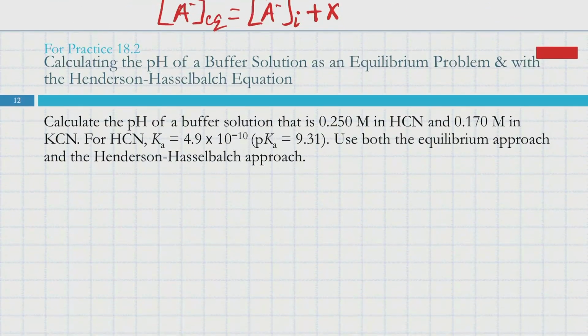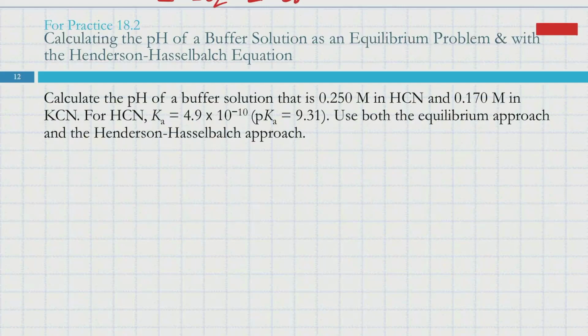Let's calculate the pH of a buffer solution. We're going to do it as an equilibrium problem and using our new Henderson-Hasselbalch equation. We want to find the pH of a buffer solution. We're given initial concentration of hydrogen cyanide, a weak acid, and potassium cyanide, the conjugate base.